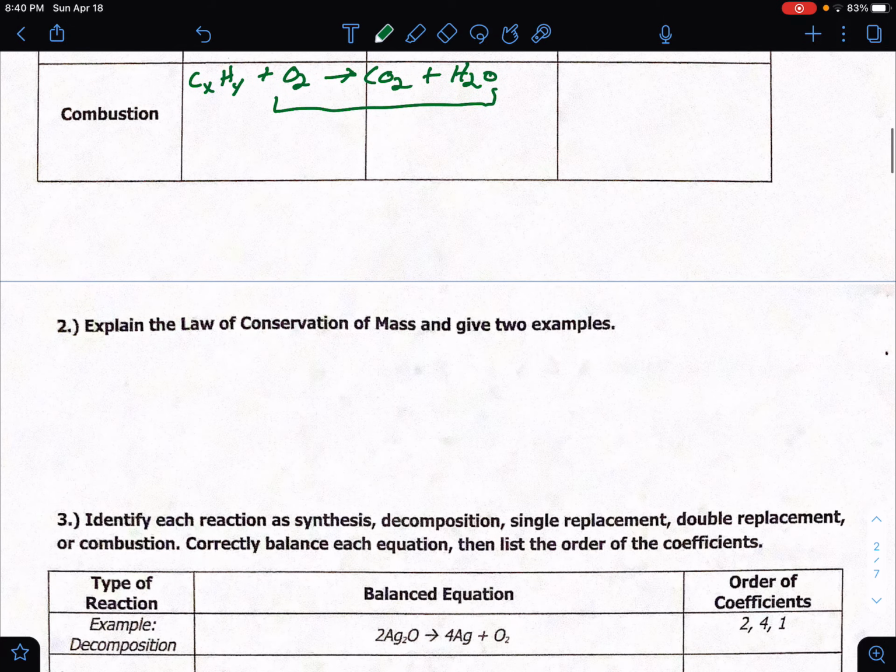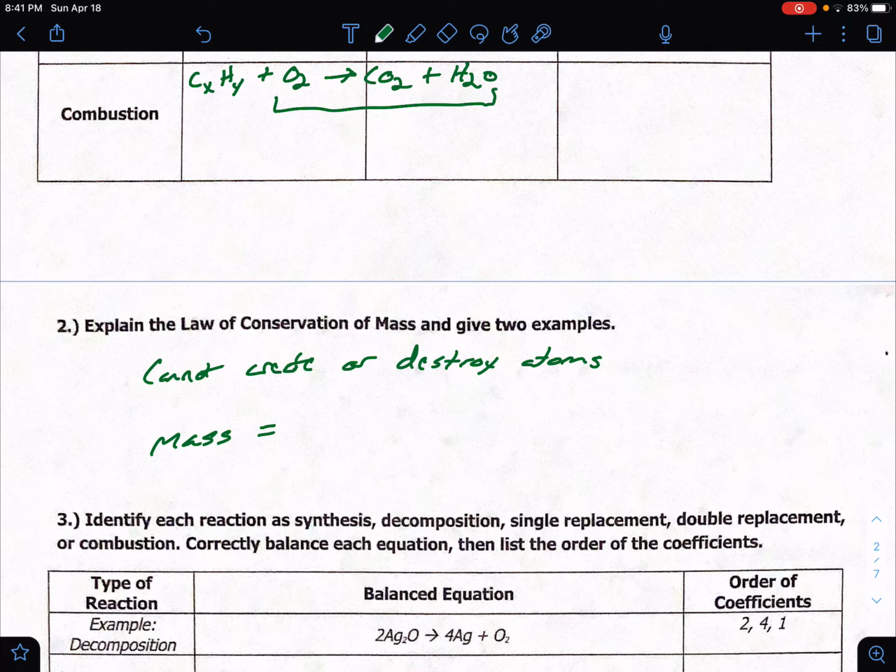So to explain the law of conservation of mass and give 2 examples, I'm just going to give you the general idea of it: you cannot create or destroy atoms. You kind of can through nuclear fission and stuff like that, but that's beyond what we're talking about right now. What we care about is that the mass you had in the beginning equals the mass you had in the end.